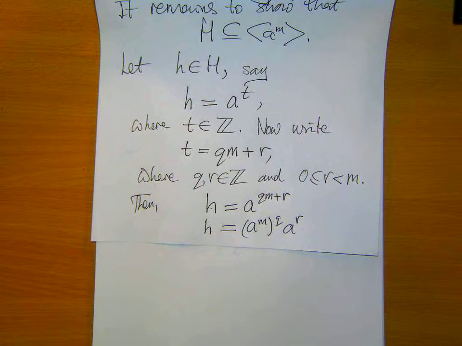Now, what I'm going to do now is rearrange this. I know that some of these elements are in H. So little h is in big H. And this is in big H because it's the power of a to the m. So let me just write this down again.